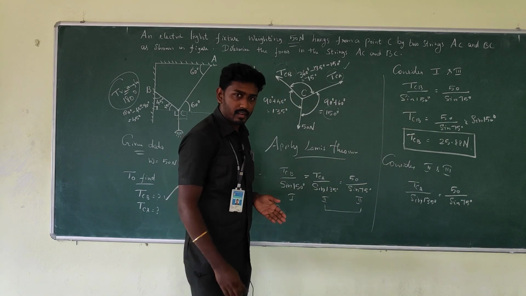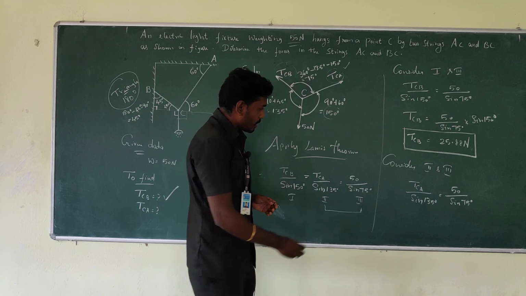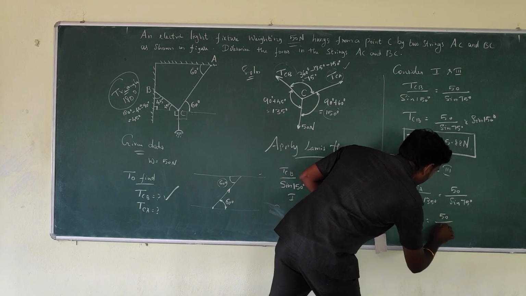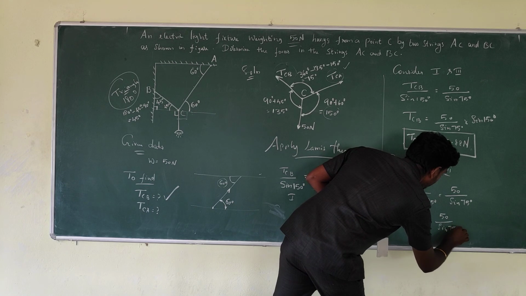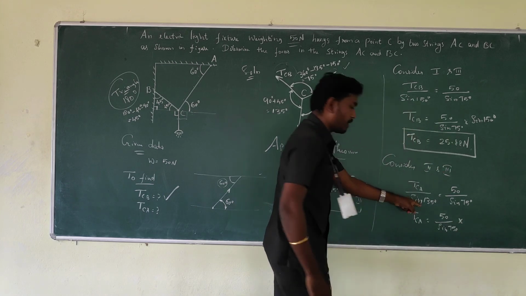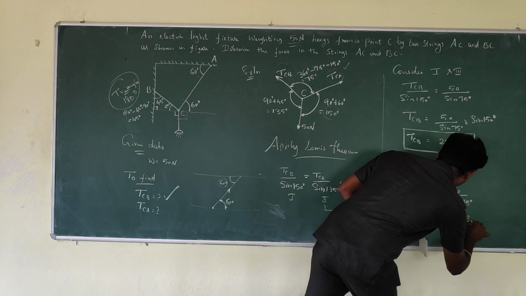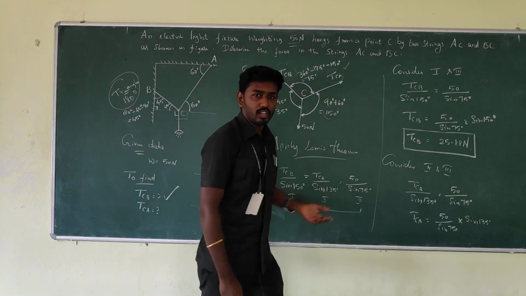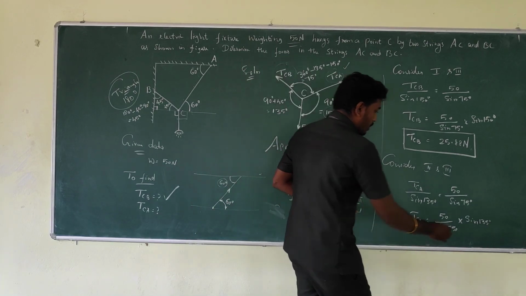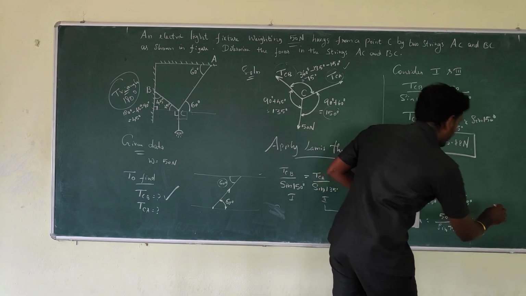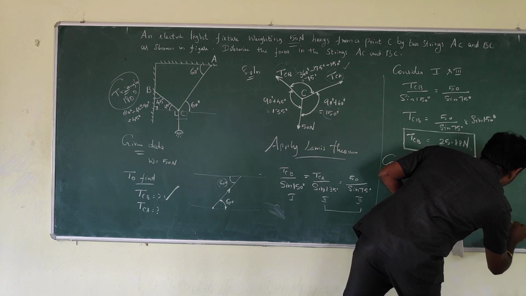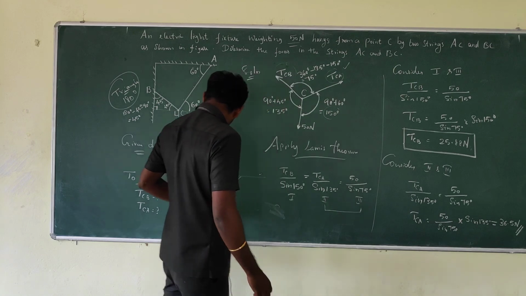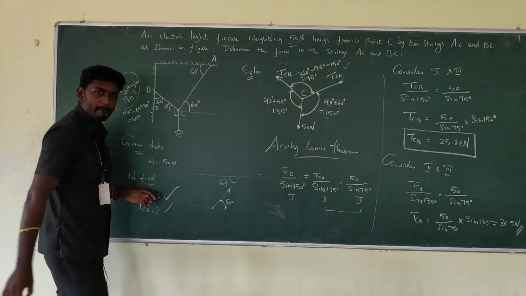What needs to be done in the next stage? Just do the cross multiplication. TCA is equal to 50 divided by sine 75 degree into sine 135 degree. If you do the calculation, you will get 36.5 Newton. Okay, this is the answer for TCA.